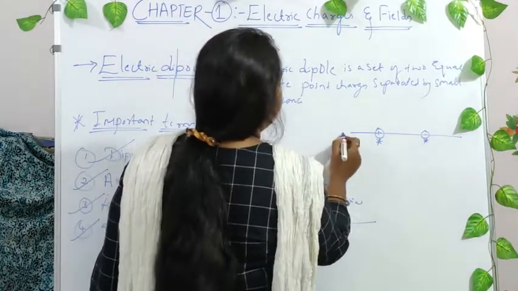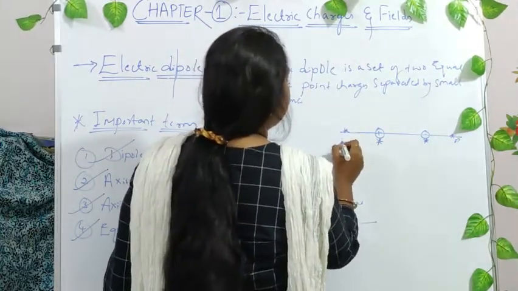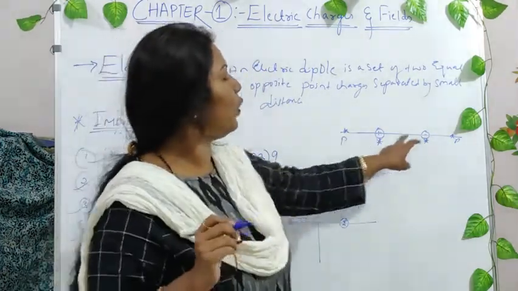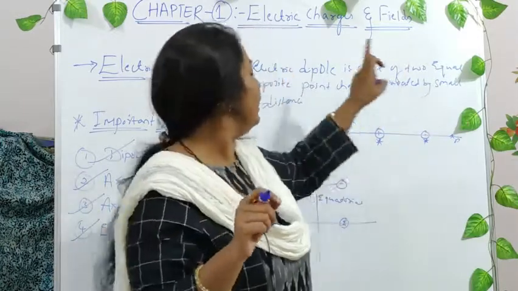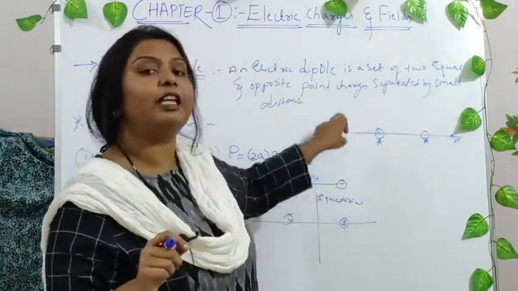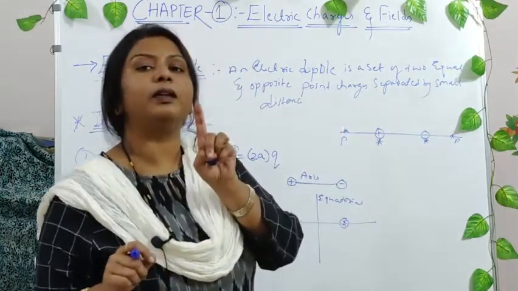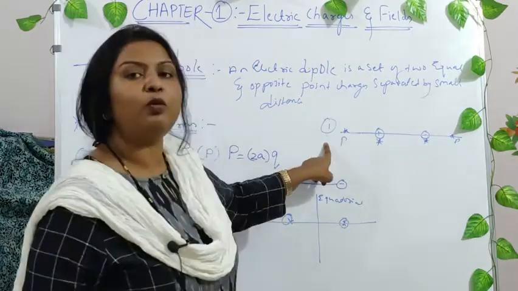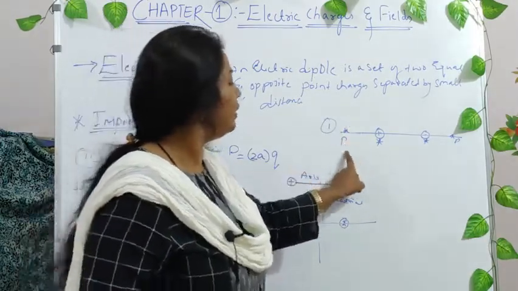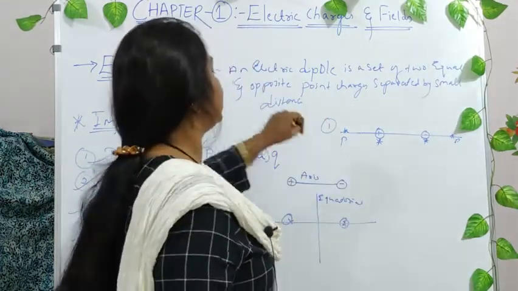On this axial line, wherever the point P is, what is the electric field influenced on this particular point due to the dipole is determined in one condition. This is the first condition: finding the electric field at a point when the point is placed on the axial line.